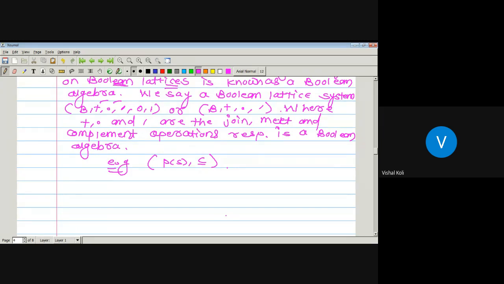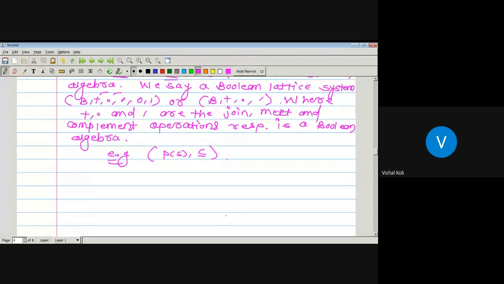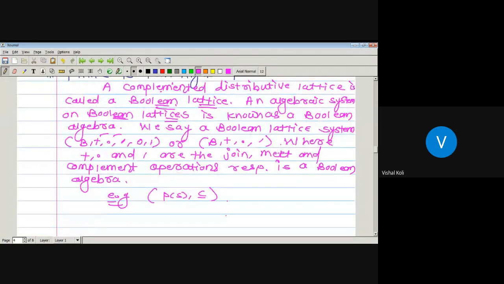So here it is a lattice, and in the previous lecture we have checked that it is complemented, and likewise distributive. So here it is a complemented distributive lattice. It means the power set of S with inclusion relation will be a Boolean lattice.